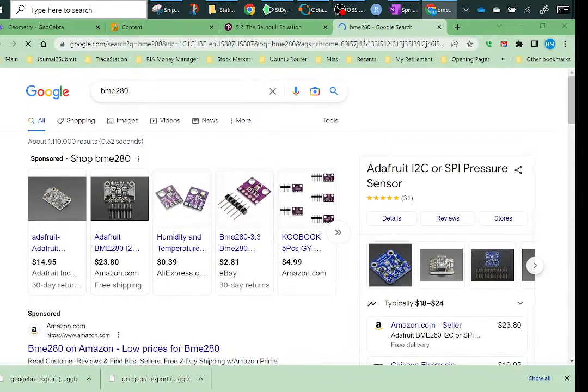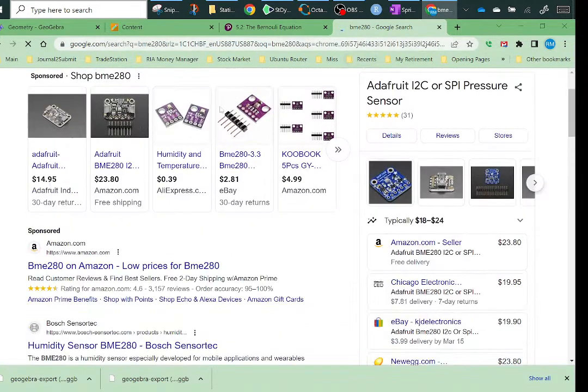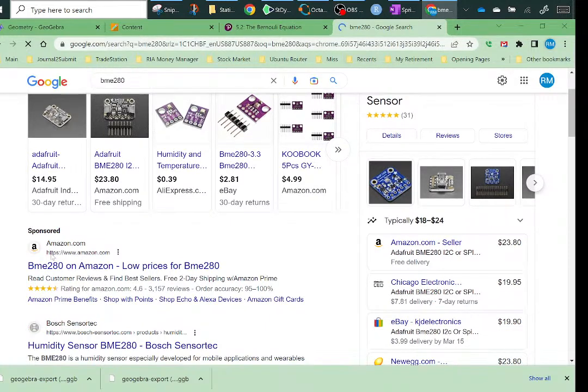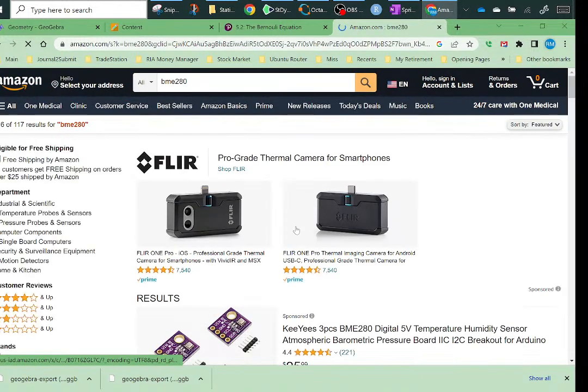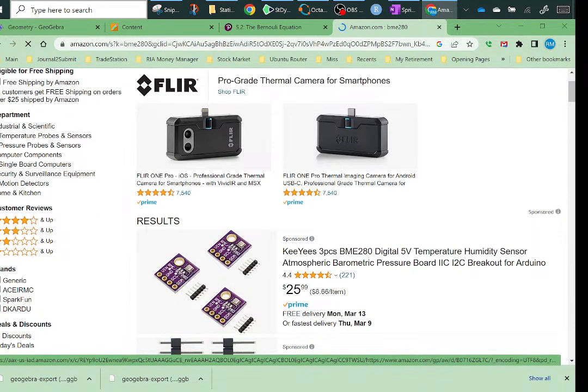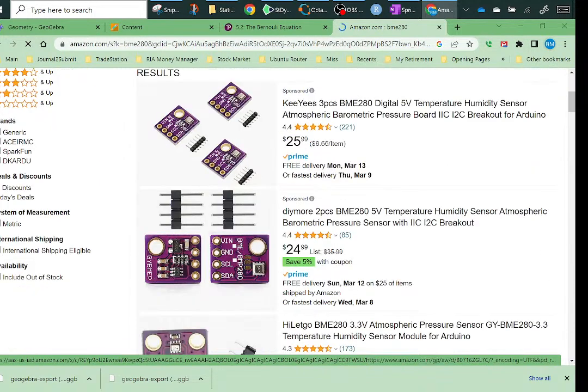Yeah, so what I'm doing, here we go. I'm buying 2 of these. Give it a second. And I'm hooking them to a Raspberry Pi. Oh, there's a bunch of them right there.